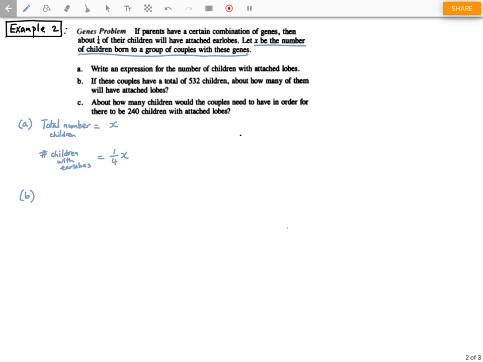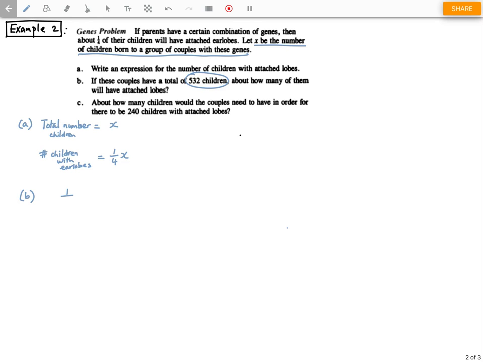B. If these couples have a total of 532 children, about how many of them will have attached earlobes? Well, let's write an expression.